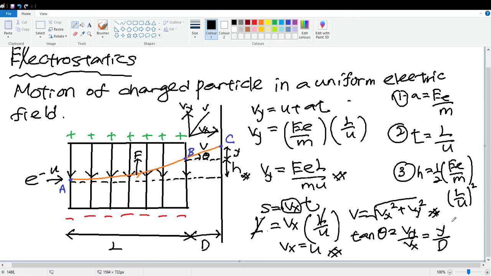So this is the direction of the final resultant velocity. So we have done the motion of a charged particle in a uniform electric field. Let me just erase all this.